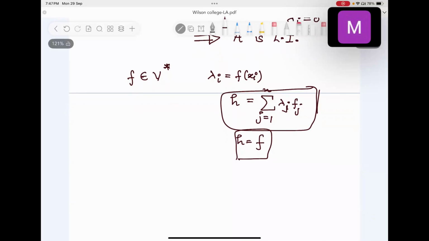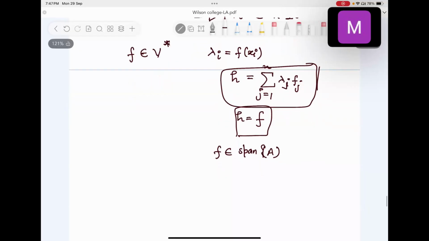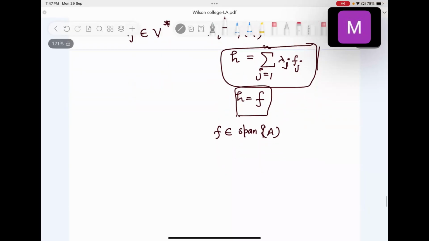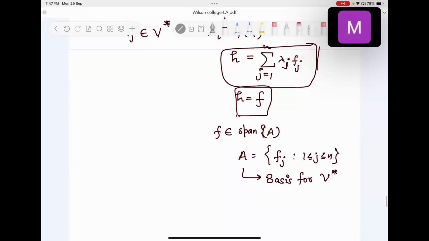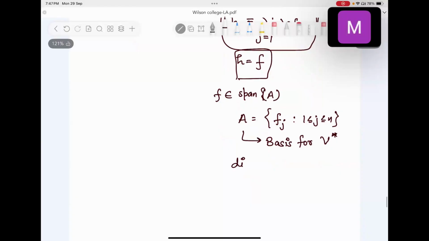So this f belongs to span of A. So what we have just proved is that this set A, f_j where j varies from 1 to n, is a basis for V star. Now tell me what is the dimension of V star then?